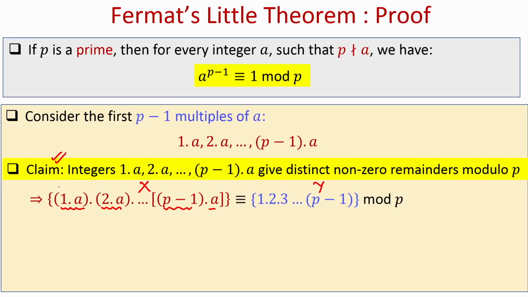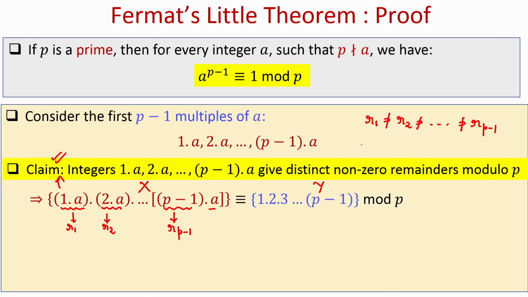And this follows from the claim that we had just proved. This is because as per the claim, the various remainders which you obtain by dividing these P minus 1 distinct multiples of A, call them R 1, R 2, up to R P minus 1, we have proved that all these remainders are non-zero and they are distinct. That is the claim we have just proved.